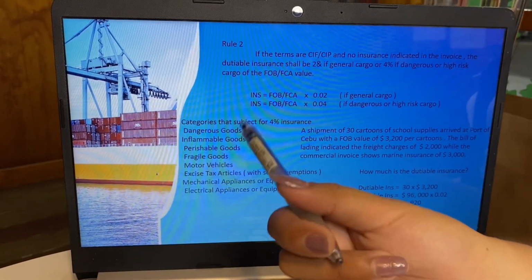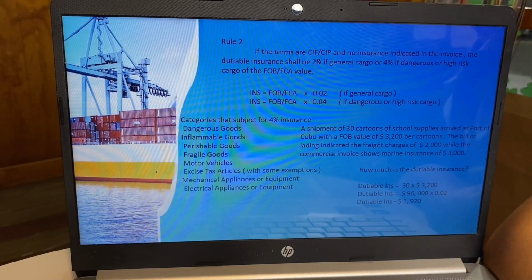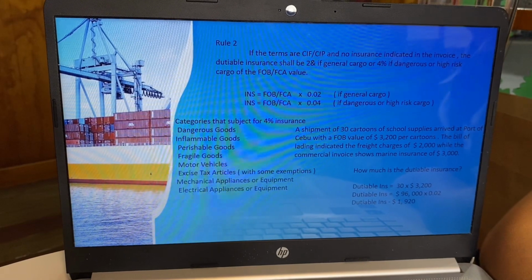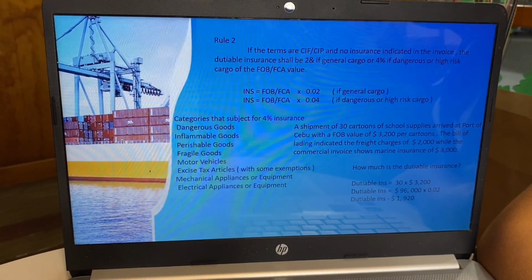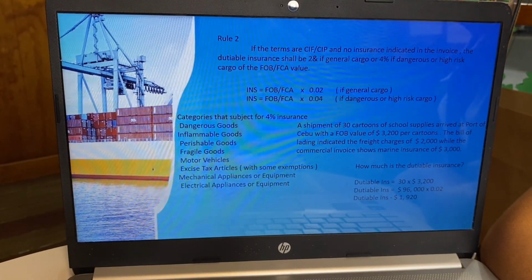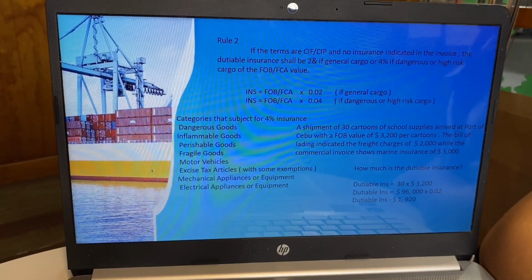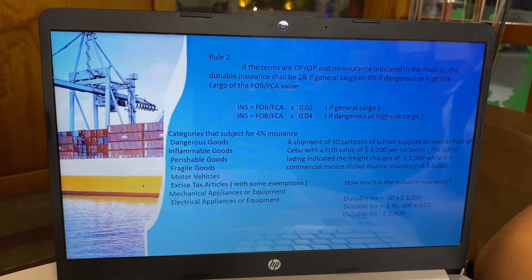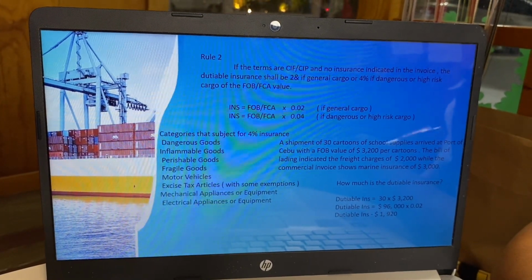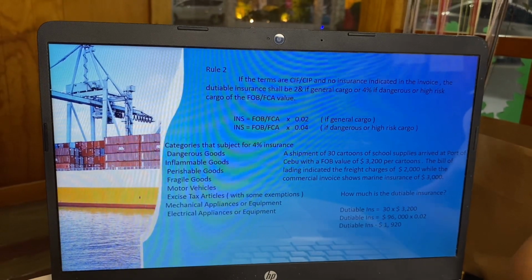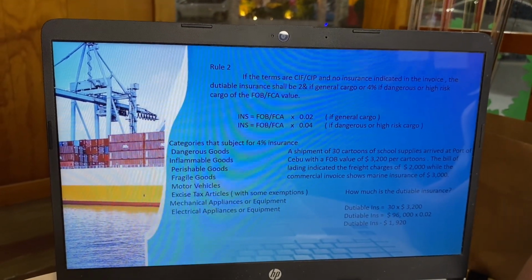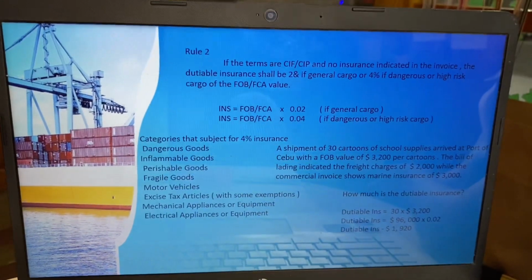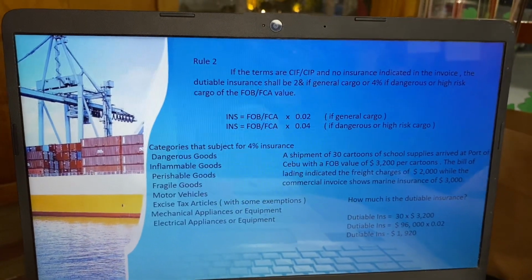It is easy to identify: dangerous, inflammable, perishable, or fragile goods, and equipment connected to electricity, would automatically be considered dangerous or high-risk cargo. But if your cargo does not fall under those categories, it is classified as general cargo and you multiply your FOB or FCA by 2%.